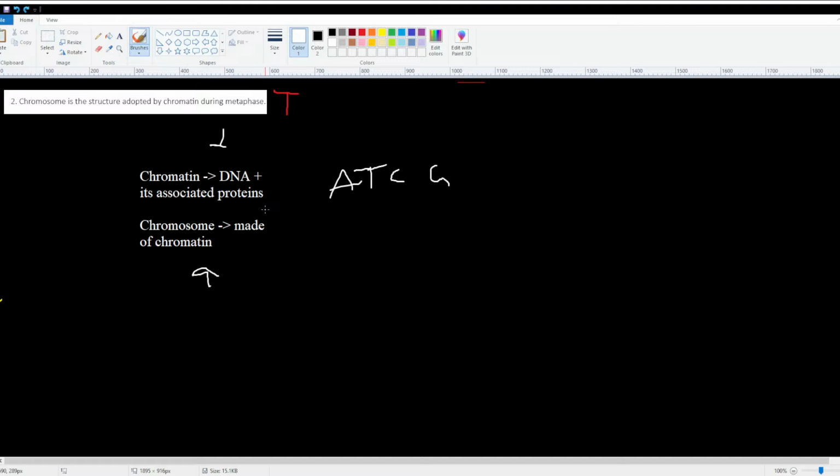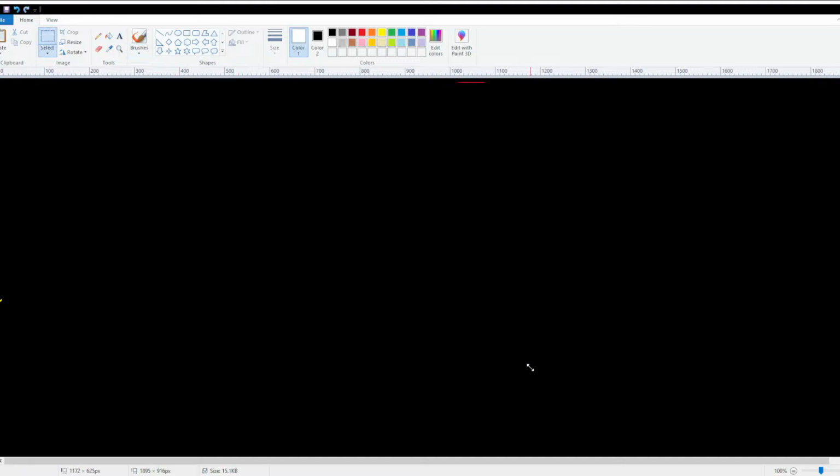There are a lot of proteins that exist within the DNA to aid with transcription or DNA replication. So that's all the associated proteins, right? So that's chromatin, so the answer to this one will be true. So moving on.